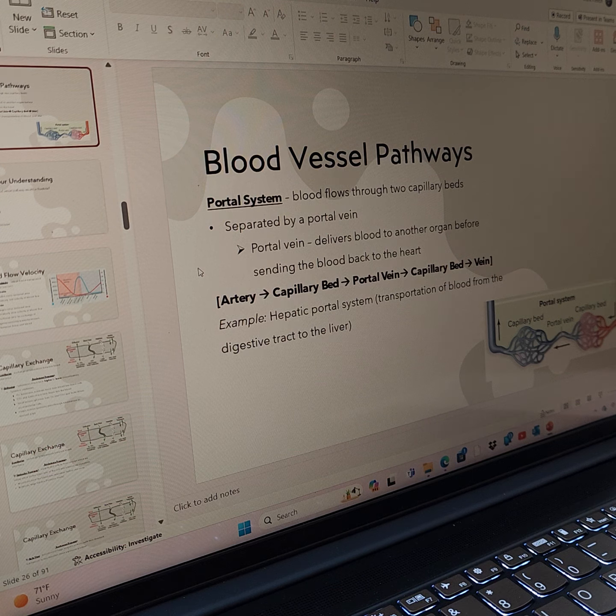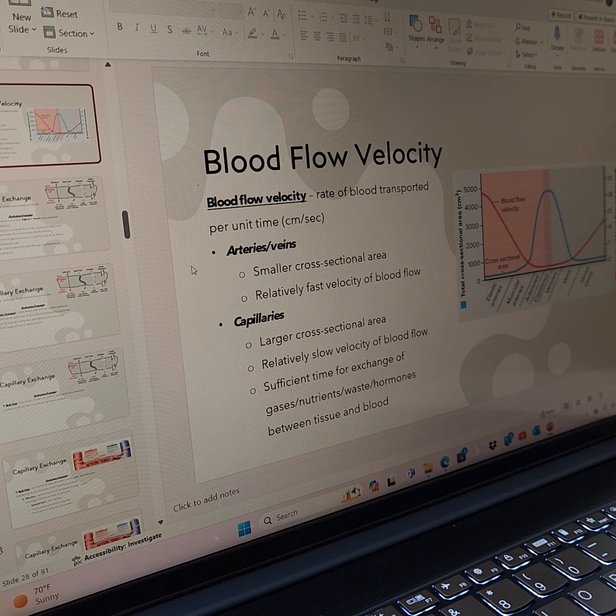So the pathway goes from artery to capillary bed to portal vein, back to a capillary bed, and then back to a vein. The example of this is the hepatic portal system, or the transport of blood from the digestive tract to the liver.